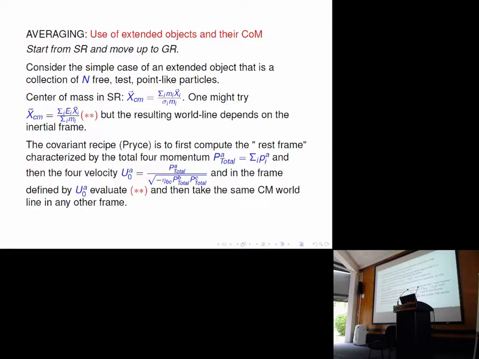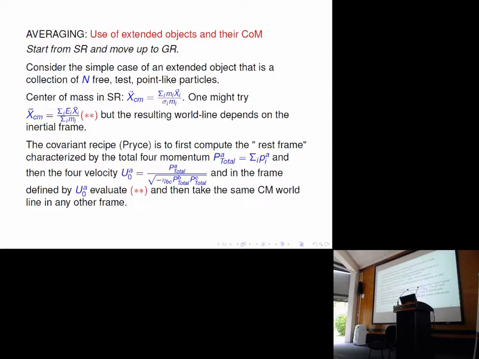In passing to special relativity, we would like to generalize this notion, but it is problematic, in particular because there are particles with zero mass that nevertheless have momentum. Therefore, it's better to choose something like this, weighting the position of the particles by the energy. But of course, something like this would produce a world line that depends on the inertial frame in which we started doing this. So this recipe as it stands here is not covariant.